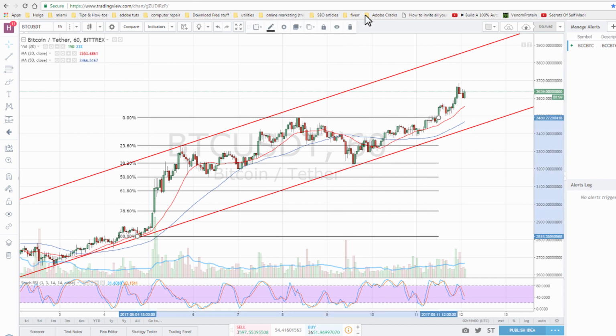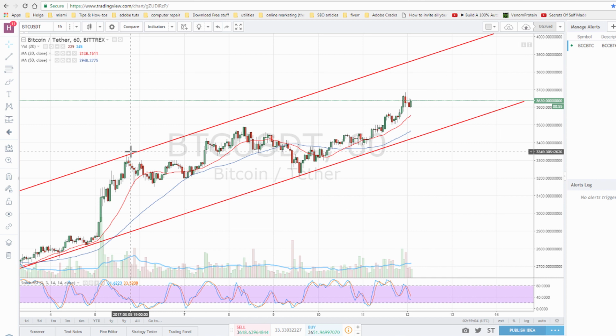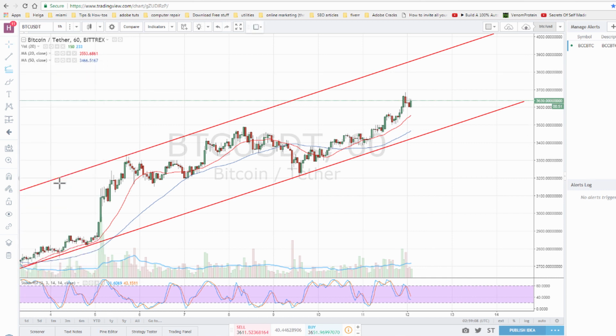What can we expect? How high can this go from here on? And we again use the Fibonacci extension tool for this. Since we don't have any resistance lines above because we are at the all-time highs, all we can use is the Fibonacci tools and trend lines like I have here.